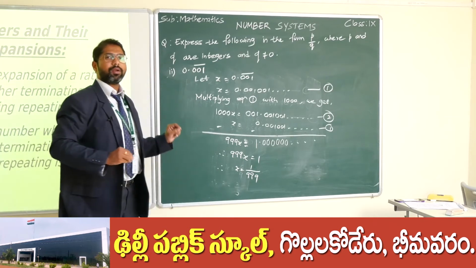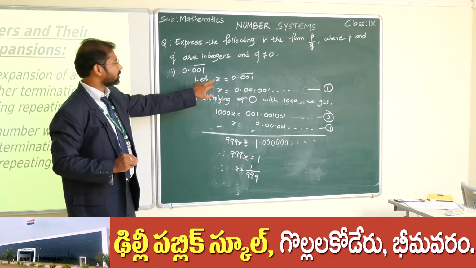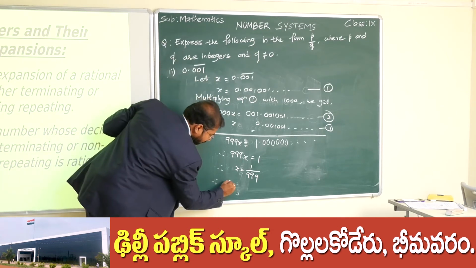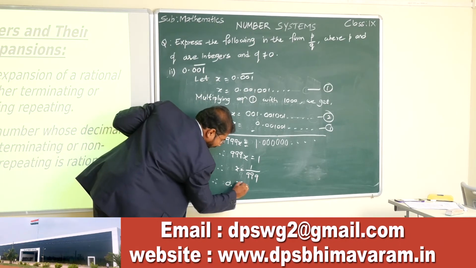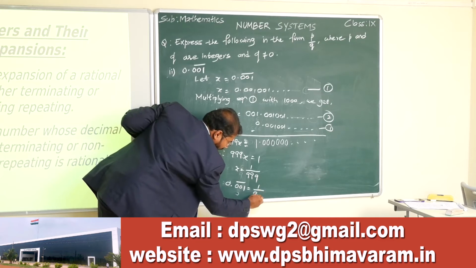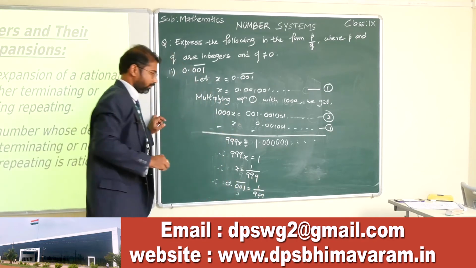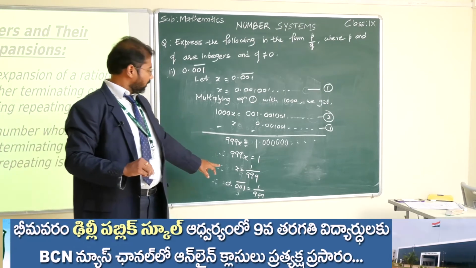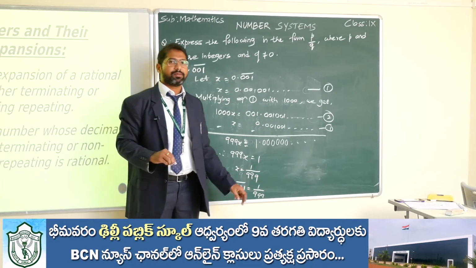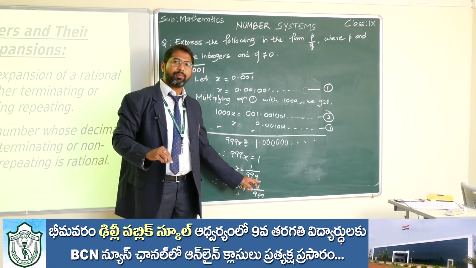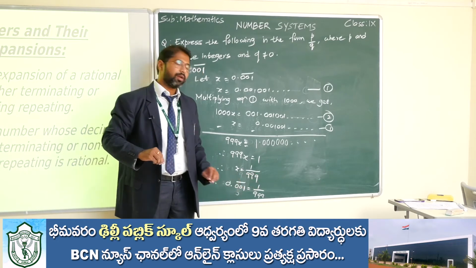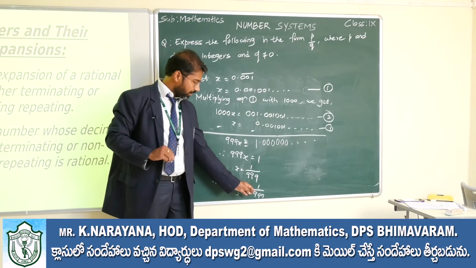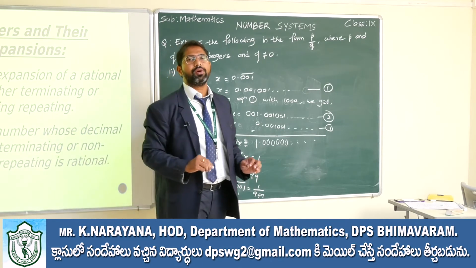Now let us substitute the value of x, which is 0.001 bar. Therefore, 0.001 bar is equal to 1 by 999. Hence, we have expressed the given non-terminating repeating decimal in the form of p by q, which is 1 by 999, where q is 999, which is not equal to 0.